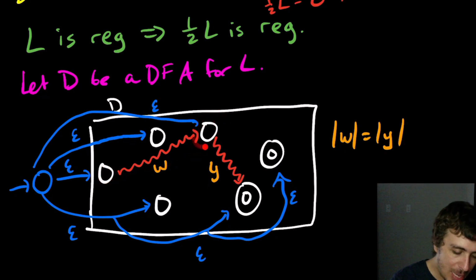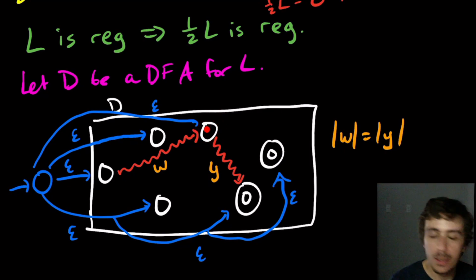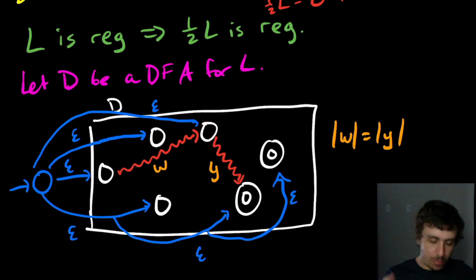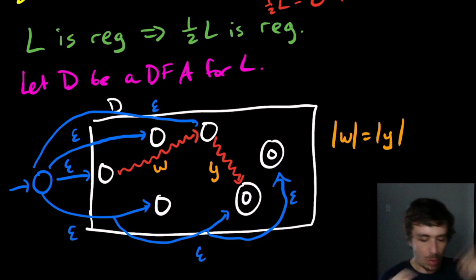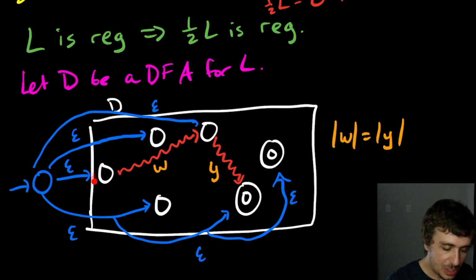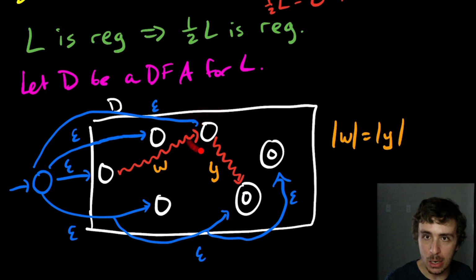Let's say we guess this state right here. Then that's the middle state in the computation. If we guess this, we're going to read the string in somewhat of a different way. We're going to somehow read it from the beginning here and the middle right here.